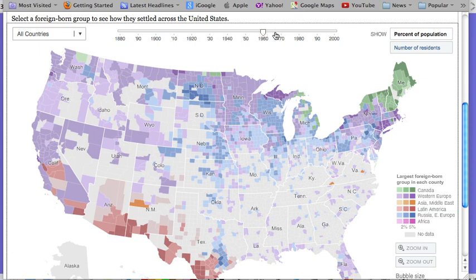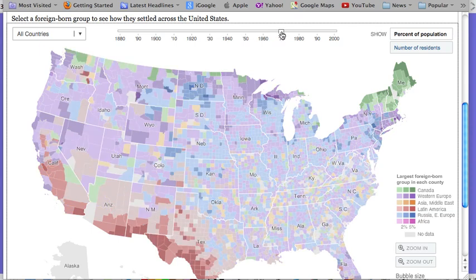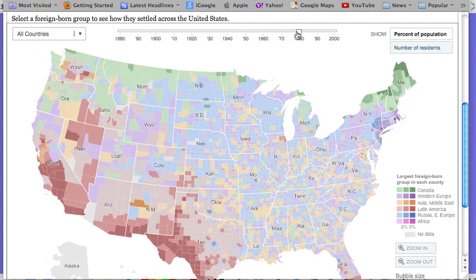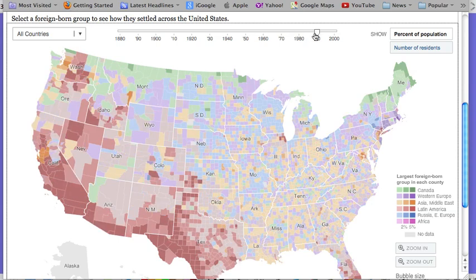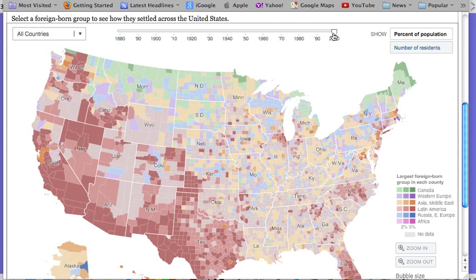And then as you see going to 1970, you start seeing a growing population of Hispanic, and you can see more orange color, Asians. And so this is what it looks more like today.